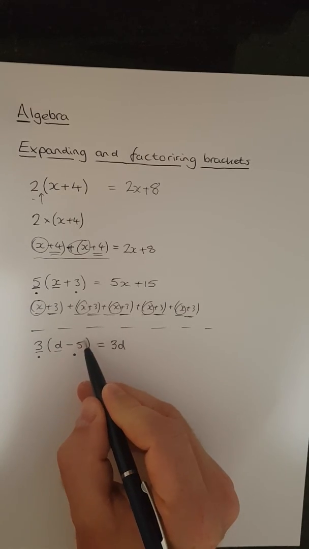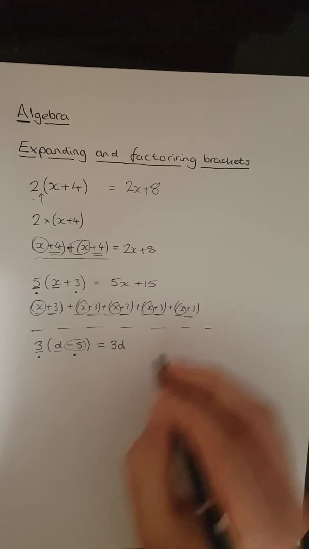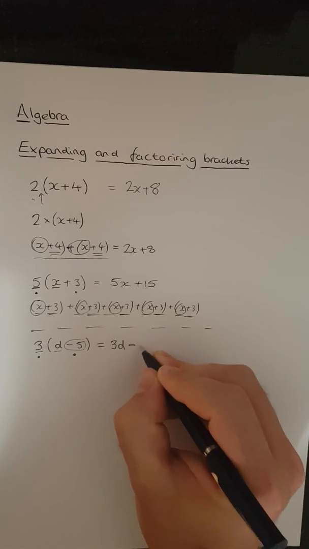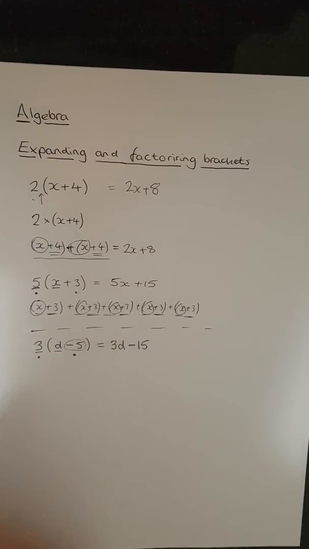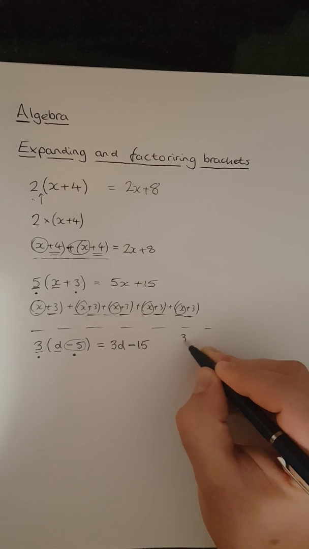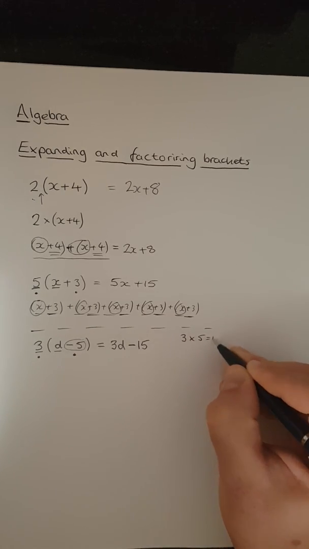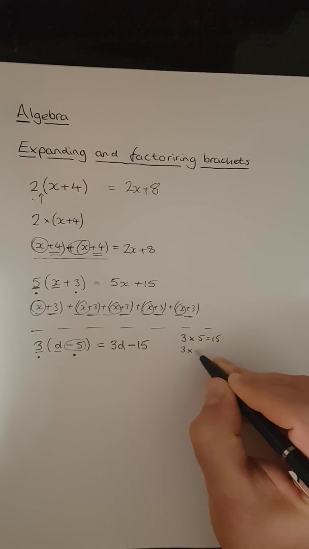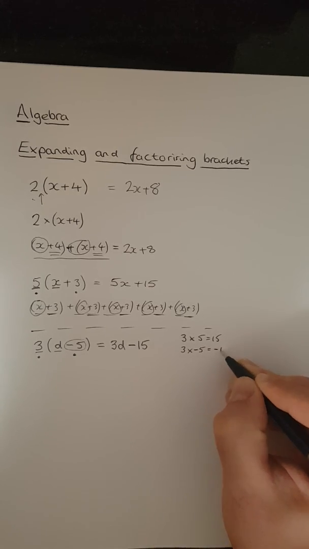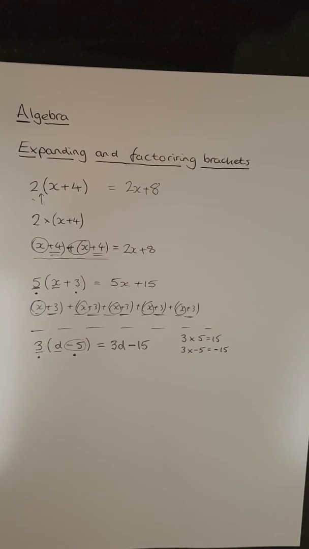So 3 lots of minus 5, which is minus 15. Because 3 times 5 is 15, so 3 times minus 5 is minus 15.